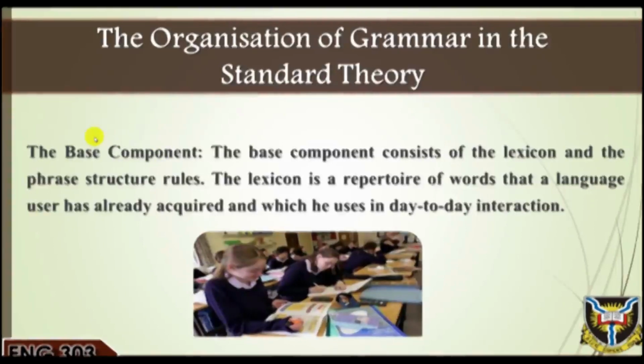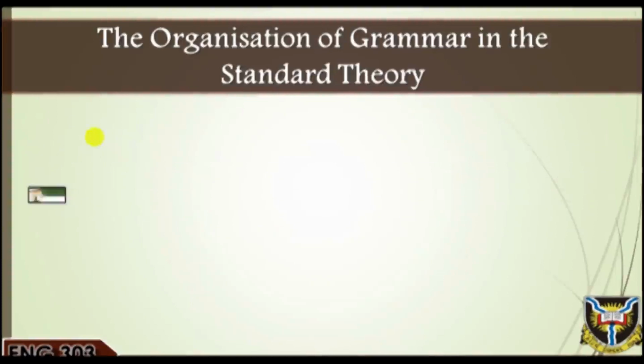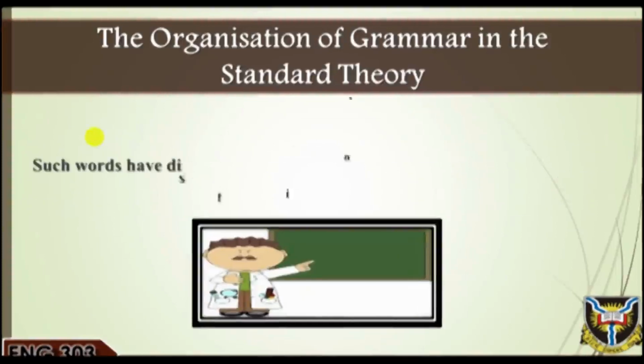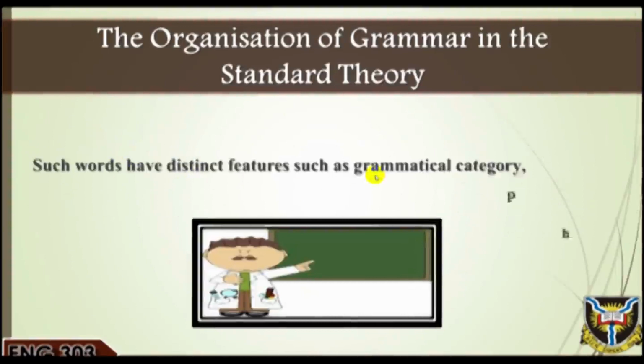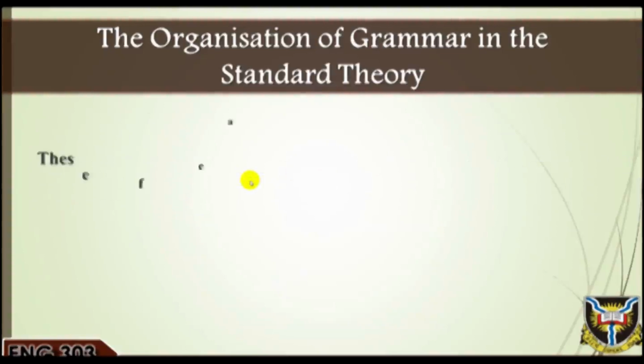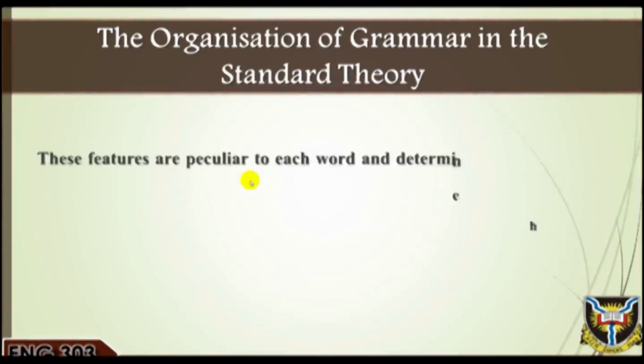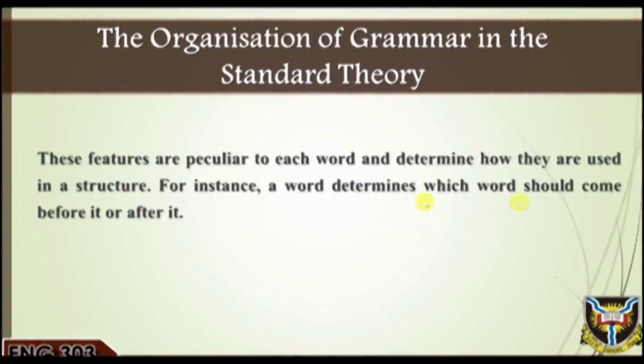Nouns, for example, can be preceded by a determiner, an adjective, a numeral, and post-modified by a prepositional phrase or an adverb. For example, the man outside. A transitive verb requires a complement.